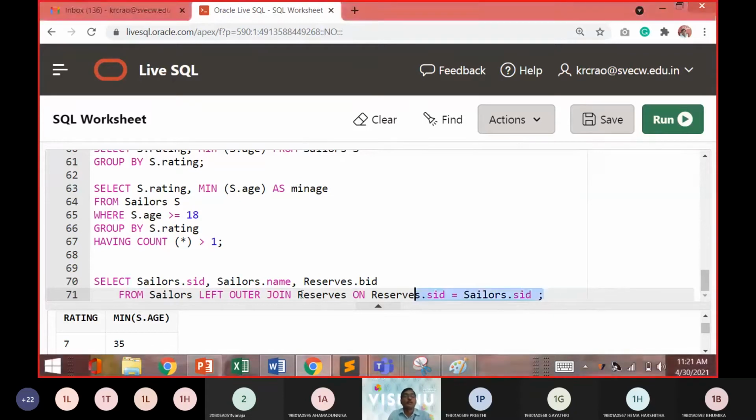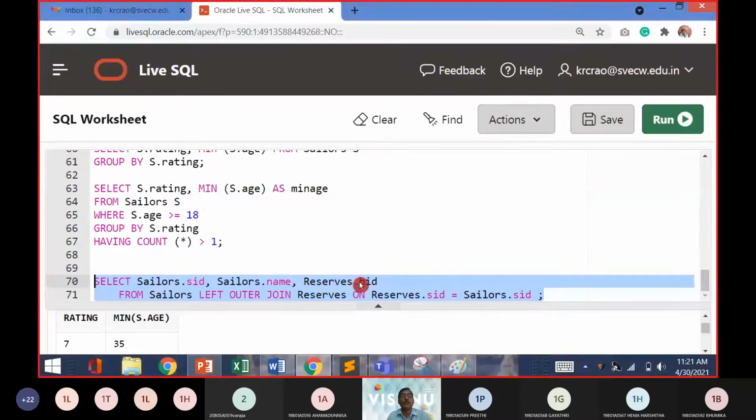This is the query we are mentioning. We need to display sailor ID, sailor name, and from Reserves we need to find boat ID, and we apply a left outer join between Sailors and Reserves. Let us execute the query first.